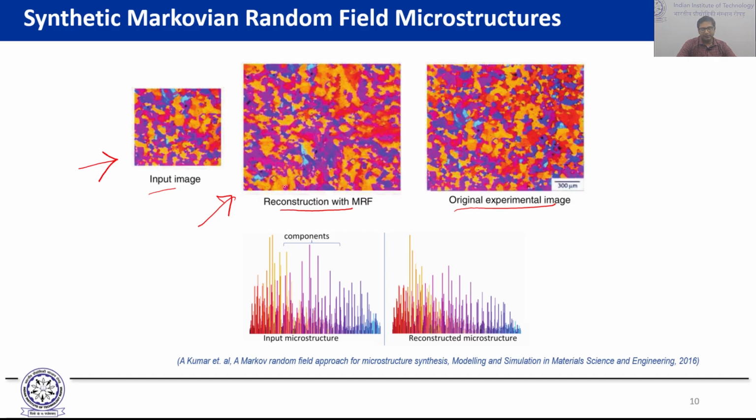They are not identical, but they are definitely similar. When we talk of similar images, what we basically mean is that the probability of finding different phases, if you compute it from the reconstructed image as well as the original image, is going to be the same, or at least fairly identical.